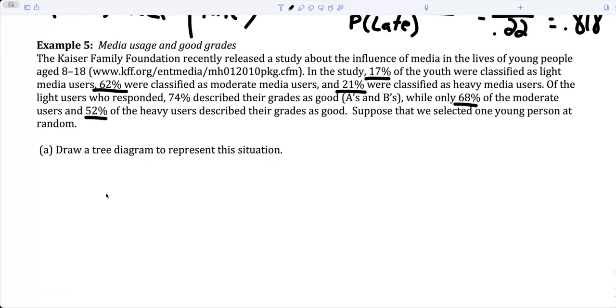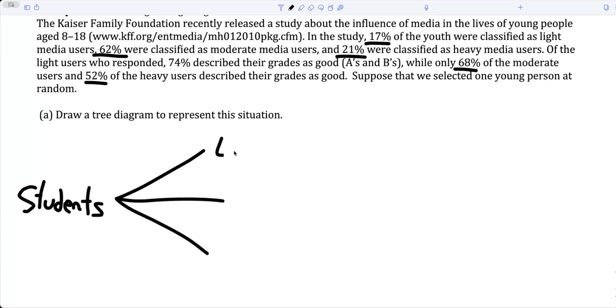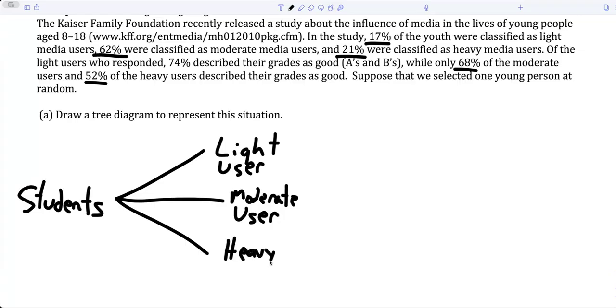So we've got students, and there are three different possibilities. You are a light user, you are a moderate user, or, the very first step is admitting that you have a problem, you are a heavy media user.